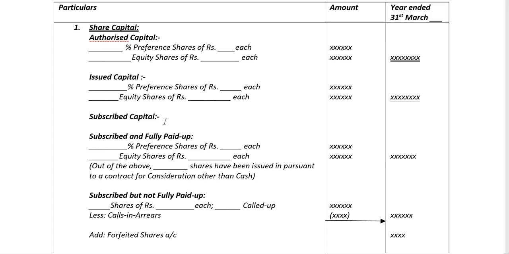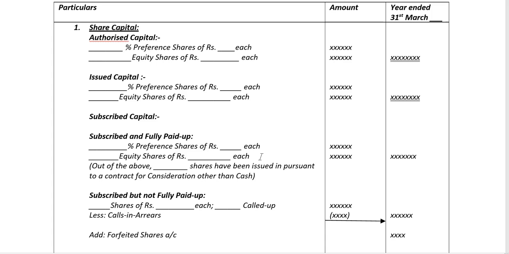And then we go on to the subscribed capital. Subscribed and fully paid up, and subscribed but not fully paid up, are the two divisions under the subscribed capital. We will see this a bit later. We need to write the number of preference shares of the nominal value and write it in the inner column.